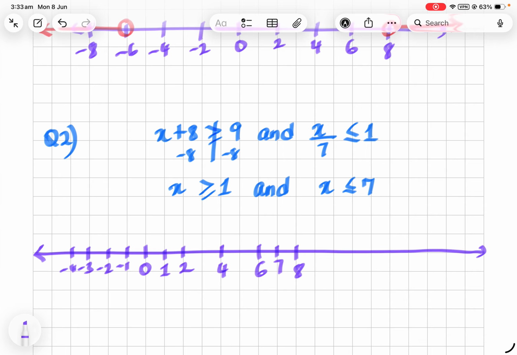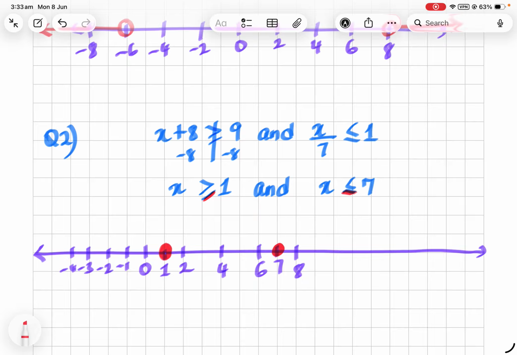Right now I don't need the negative parts. Now look at this one, there is a line here, this is the one that I'm talking about. So x is greater than or equal to 1, so this has to be a solid circle, and then x is less than or equal to 7, so this again has to be solid because of this line.